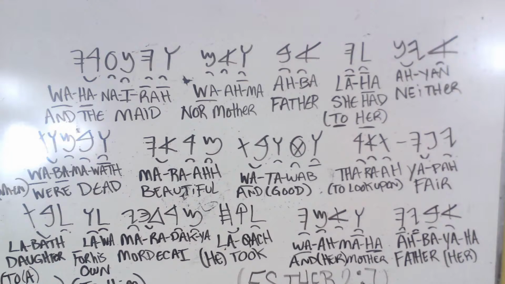Remember that good is in parentheses. It ain't there, but that's what it's saying. Mara'ah, and beautiful. Yapatha ara, fair. Watawab, and mara'ah, beautiful. Wa ba mawaf, were unalive. Abba Yaha, her father. Wa'ama, and her mother. Laquak, took. Maradakia, Mordecai, lawa, for his own. Labah, daughter.